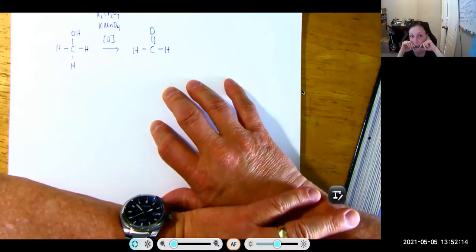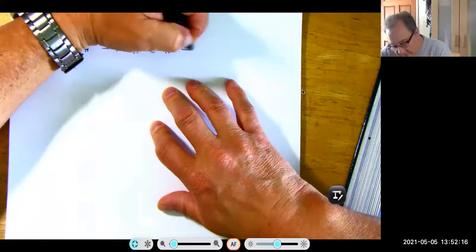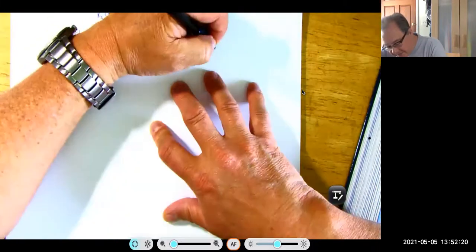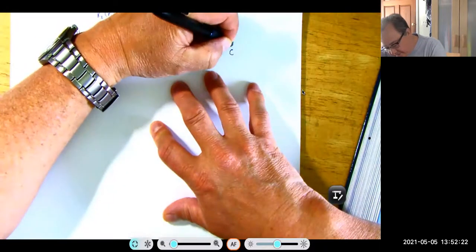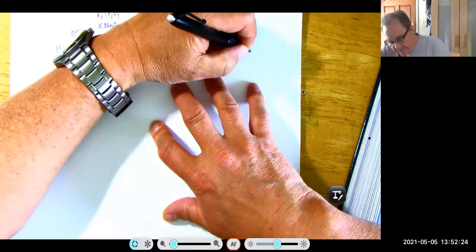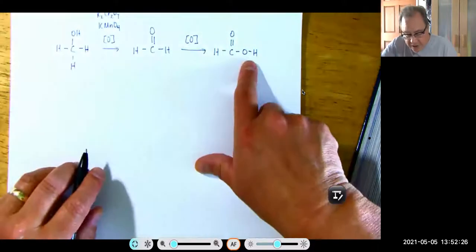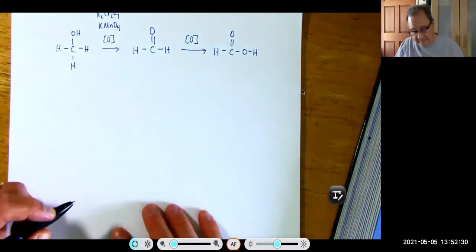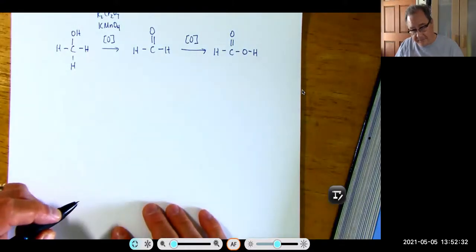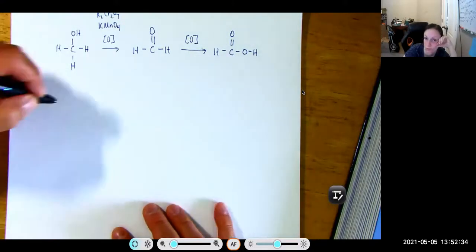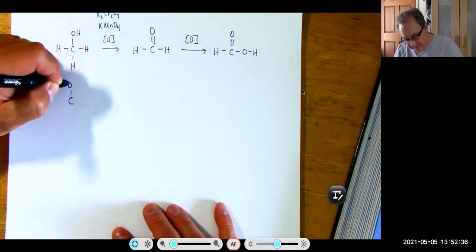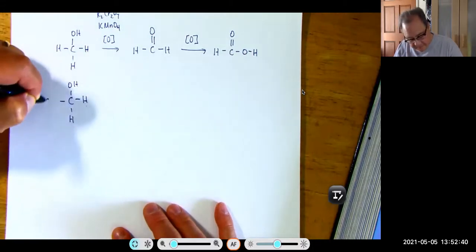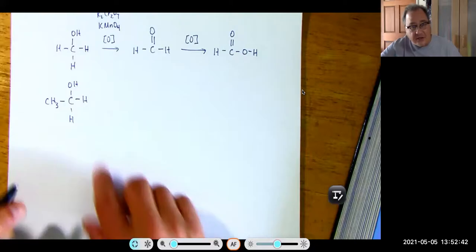Okay. Now, it turns out that it doesn't stop here. In this case, what happens is this. You add another oxygen between this carbon and that, and you make a carboxylic acid. Okay. Now, let's say that you have this. So this is ethanol.